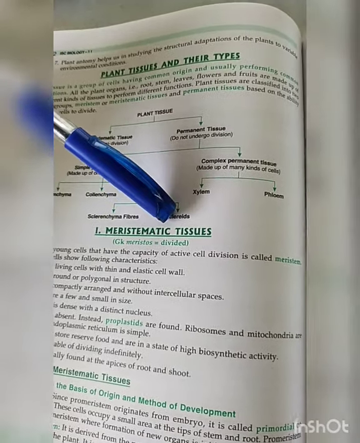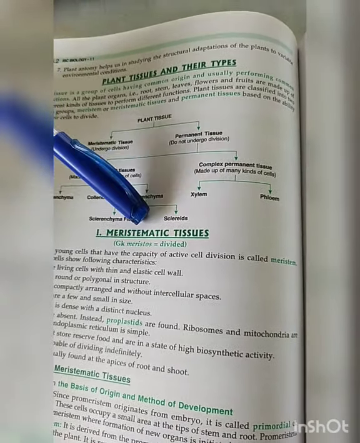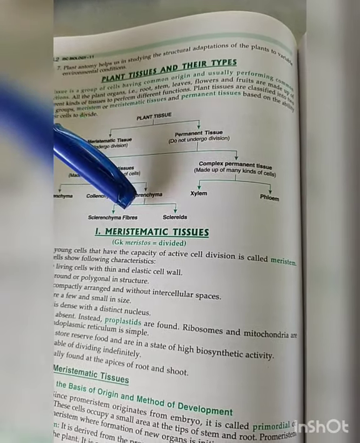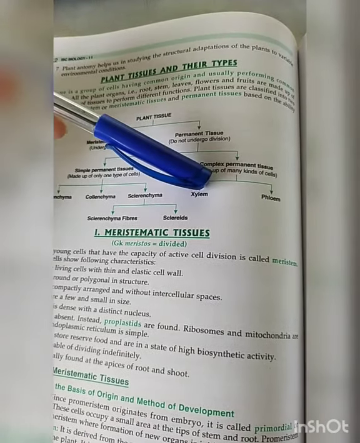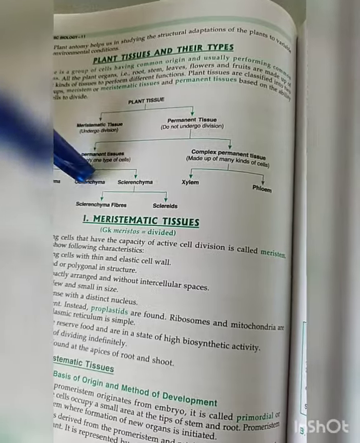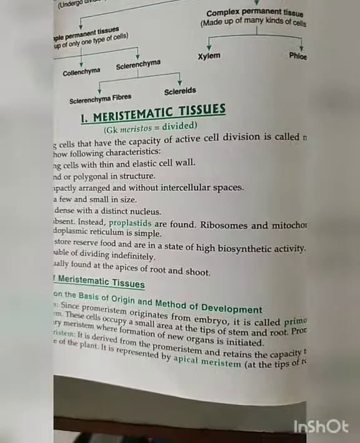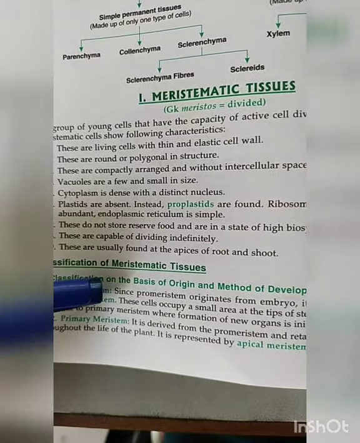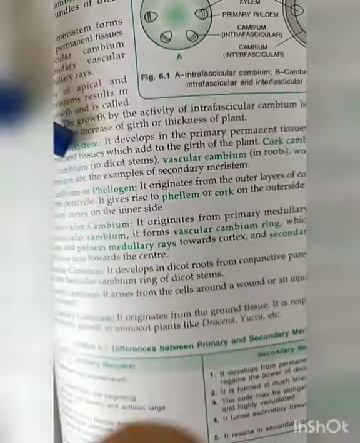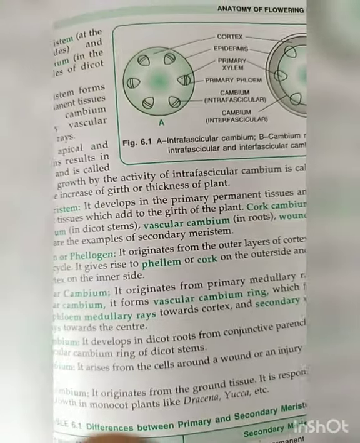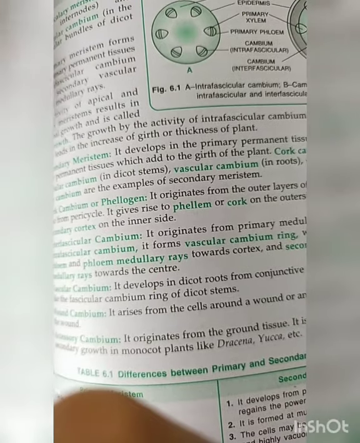You are also going to see meristematic tissue in the lateral side of the plant part. Here you can see the classification of meristematic tissue: promeristem, primary meristem, intercalary meristem, secondary meristem, cork cambium.